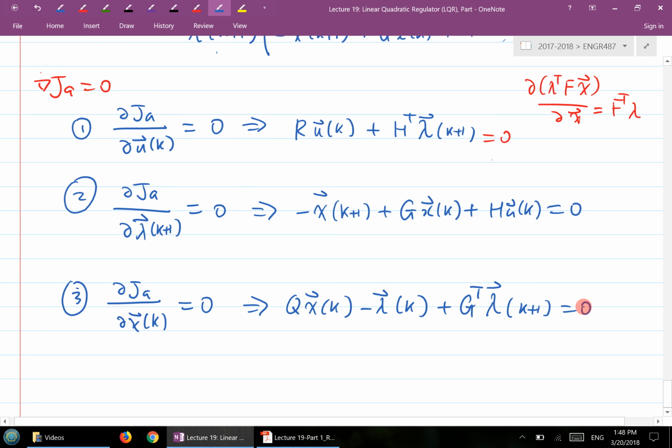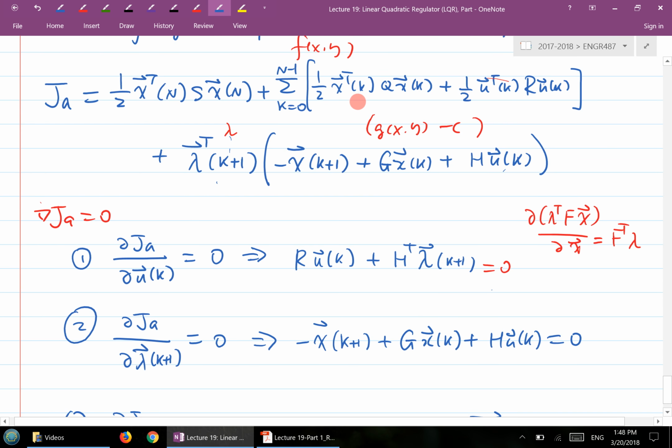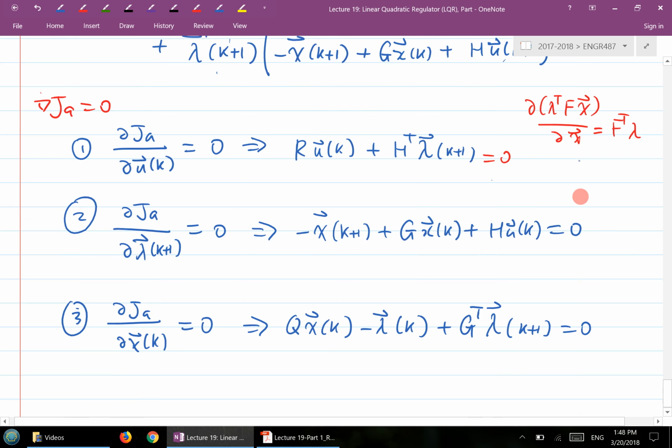You look at the terms anywhere that has x_k, here and here, and we'll expand it a little bit.